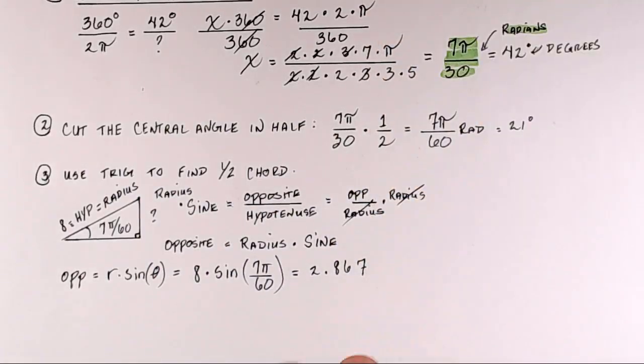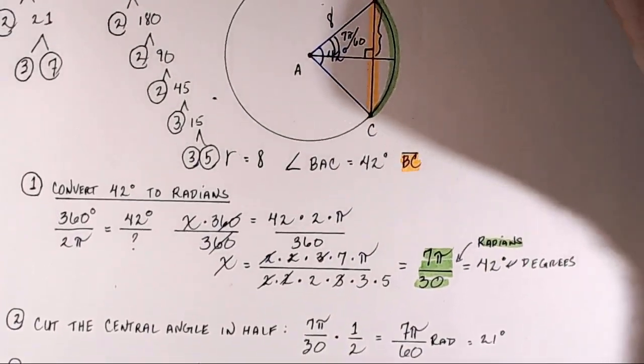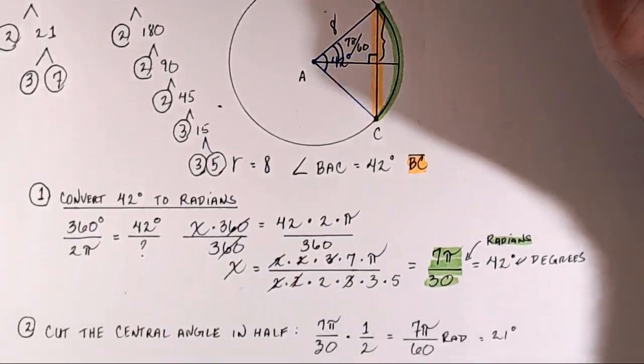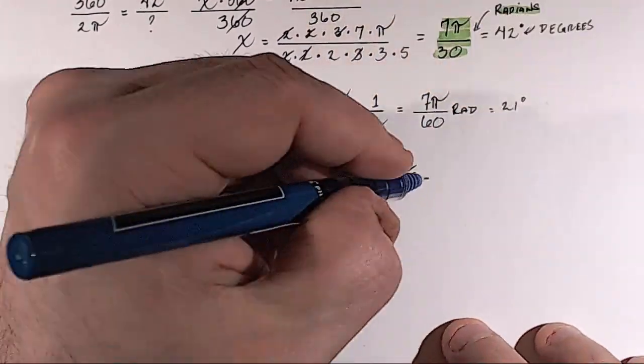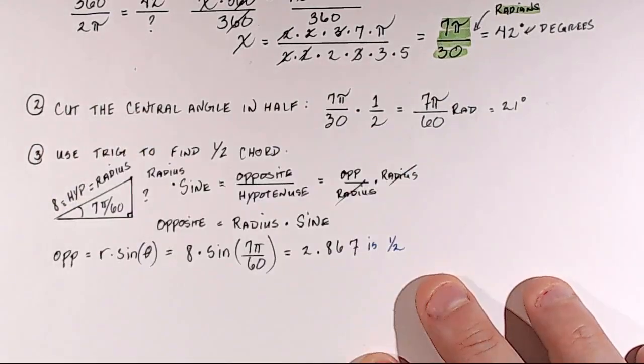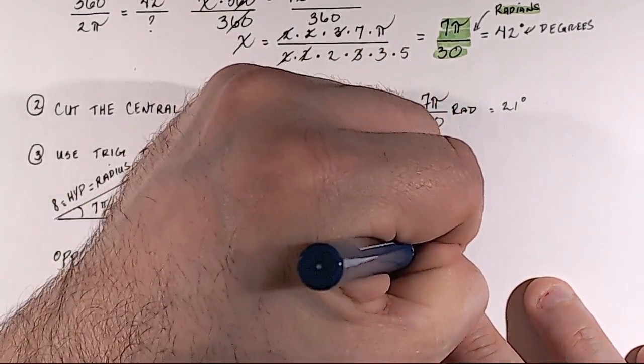Okay. So remember what this equals. This equals the opposite side. And remember what that equals. That equals half the chord length. So this is 1/2 the chord length.